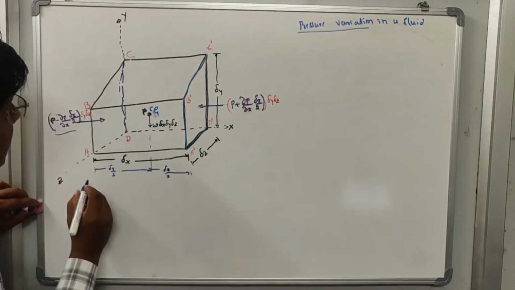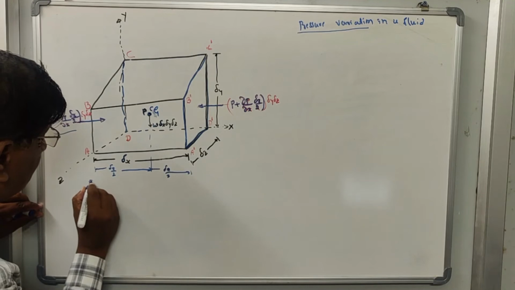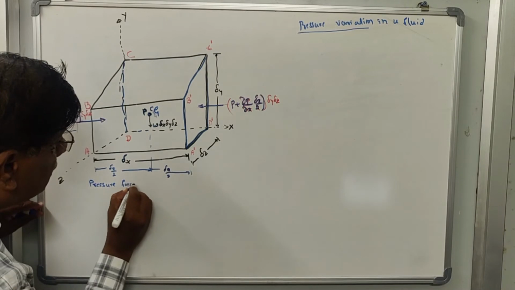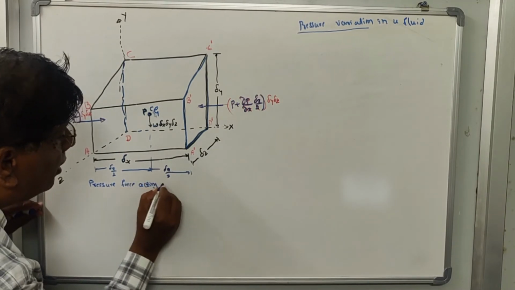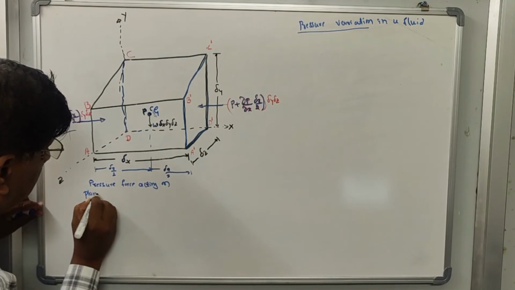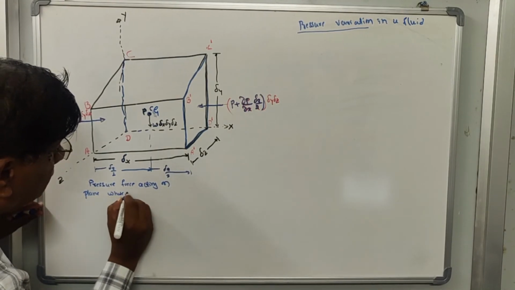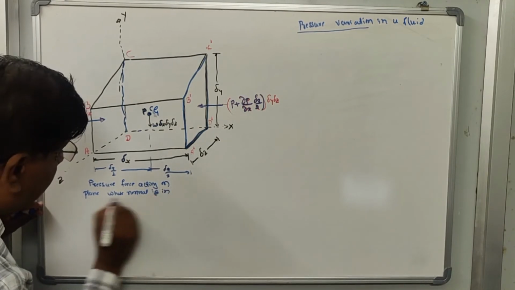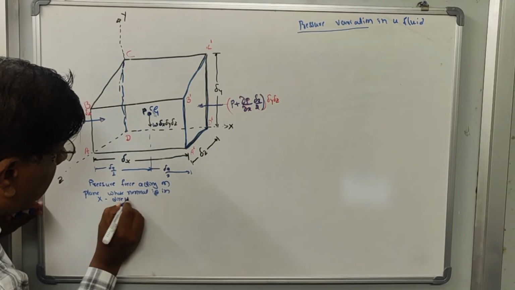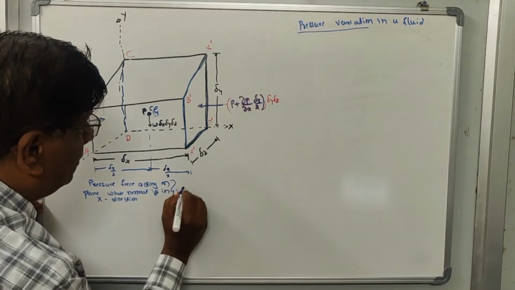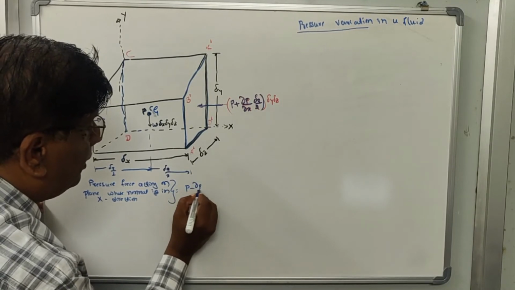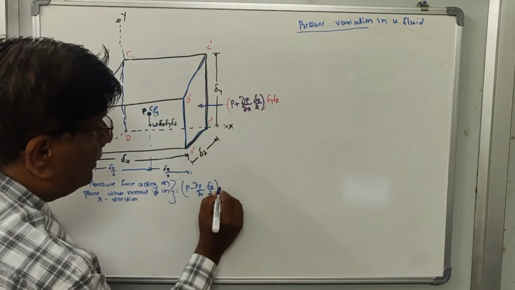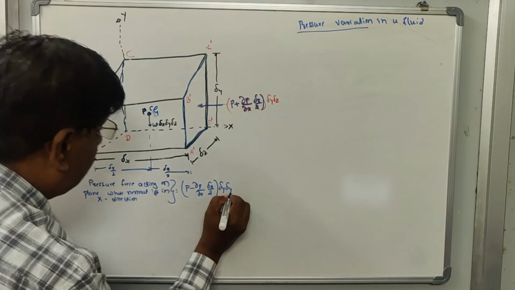Okay, so the pressure force acting on the plane whose normal is in x direction is P minus dabba P by dabba x delta x by 2, then the area of the plane is delta y delta z.